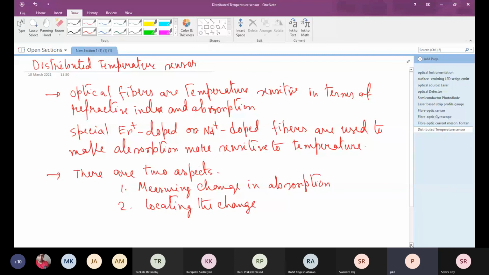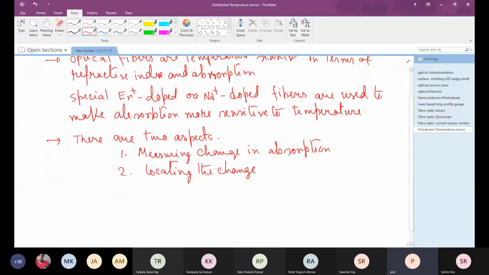So then only it will become distributed. Not only do we measure the absorption, but we also have to locate where it is. This location is done through time domain reflectometry, by the radar principle, or frequency domain reflectometry.